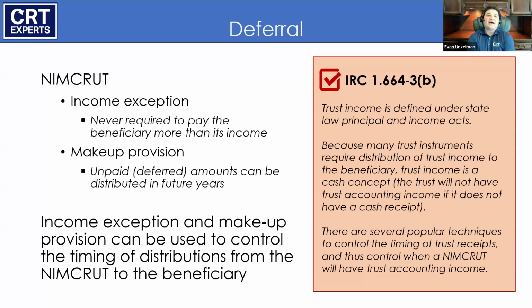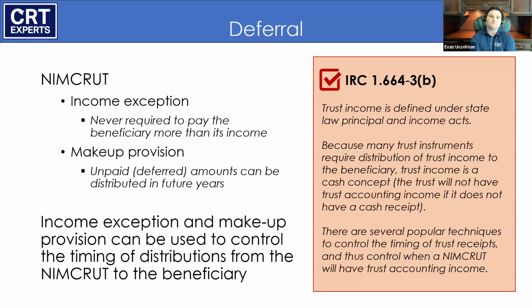To do that, we're going to use a type of CRT called a net income with makeup charitable remainder unitrust. It's often called a NIMCRUT. I'm sure many of you are aware of NIMCRUTs. It's the specific structure around that NIMCRUT that's going to give us the true ability for pure deferral. But first, let's talk about the NIMCRUT itself briefly, and then we'll talk about how we control for that trust accounting income.